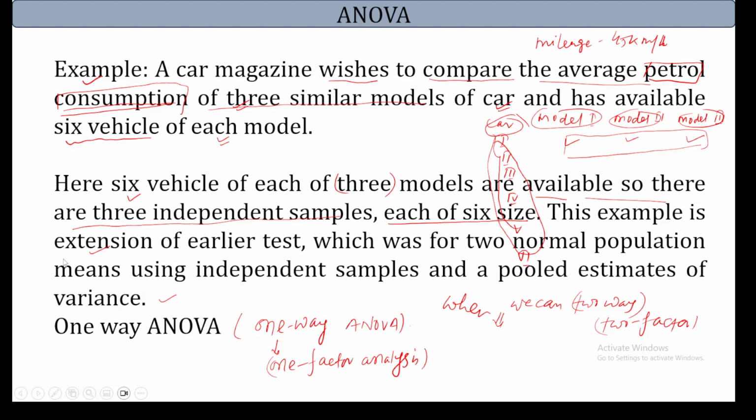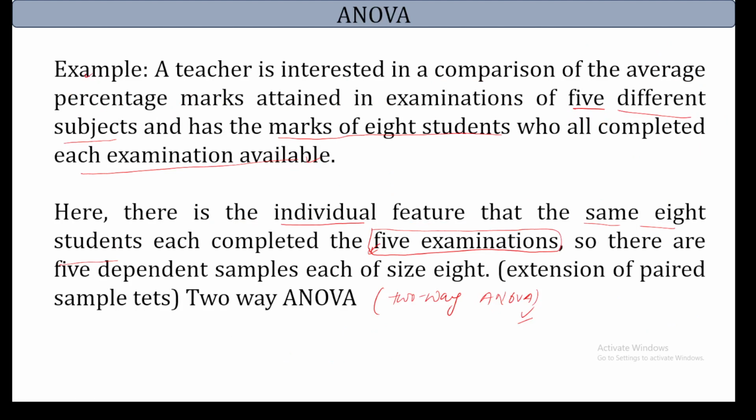This example is an extension of the earlier F test, which was for normal populations, using independent samples and a pooled estimate of the variance. It's a one-way ANOVA, meaning a one-factor analysis. Then again, a teacher is interested in comparing the average percentage of marks attained in the examination of 5 different subjects, for 8 students. The number of students can be anything, 5, 8, 10, 15, or the whole class.